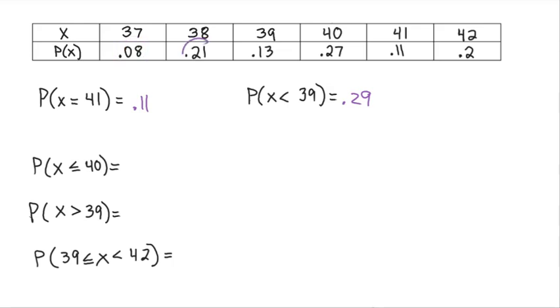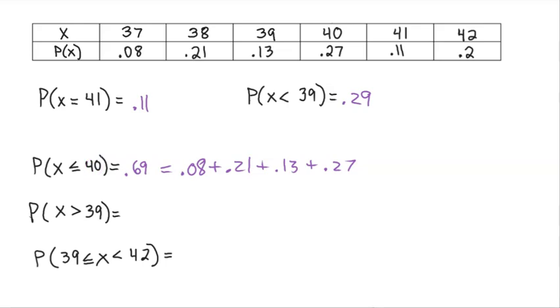So 0.08 plus 0.21 is 0.29, plus 0.13 is going to be 0.42, plus 0.27 is going to be 0.69. So this will be 0.69.